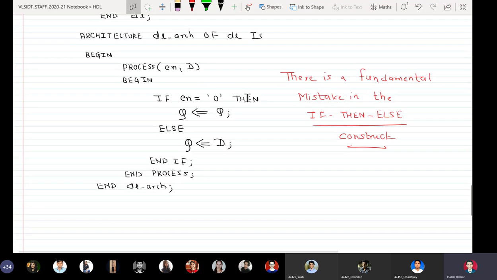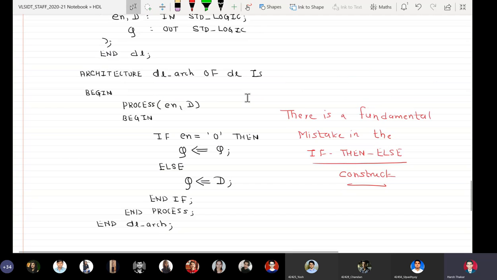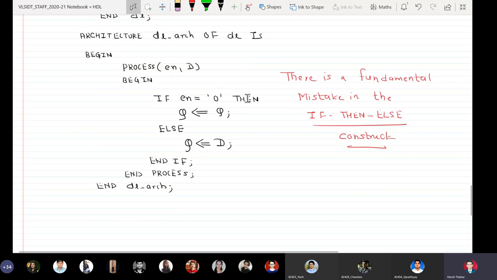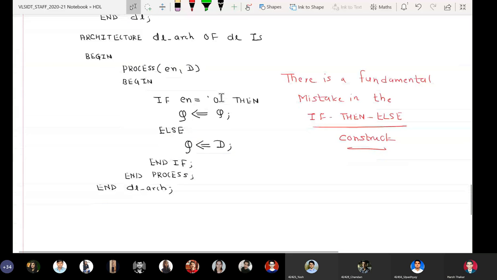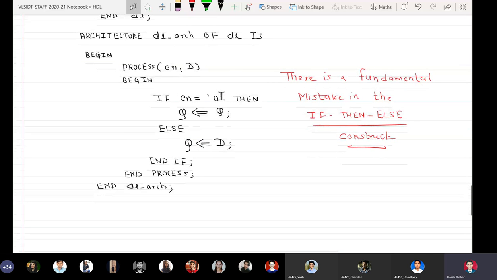Your demand is correct because it's a sequential system in which the next state output depends upon both present state input and previous output. Present state input is D, enable is another present state input. So theoretically, as per the definition of a sequential circuit, I am supposed to put comma Q, but the language does not allow it. The language says only input signals can be written here, and all of them. What is the problem here?